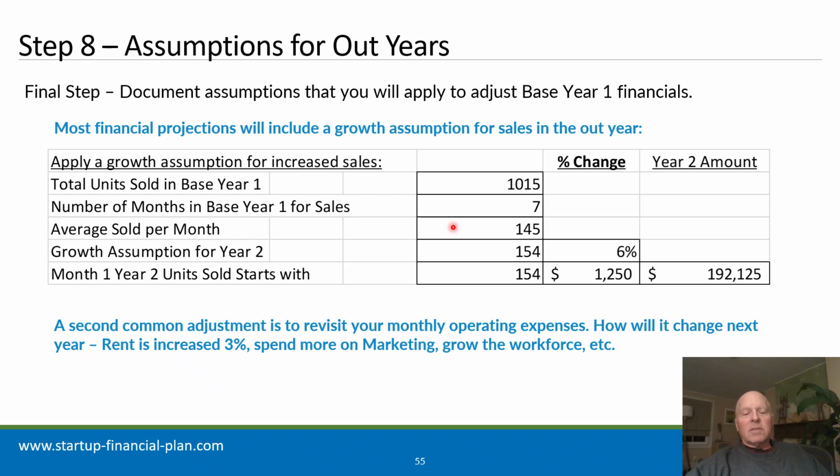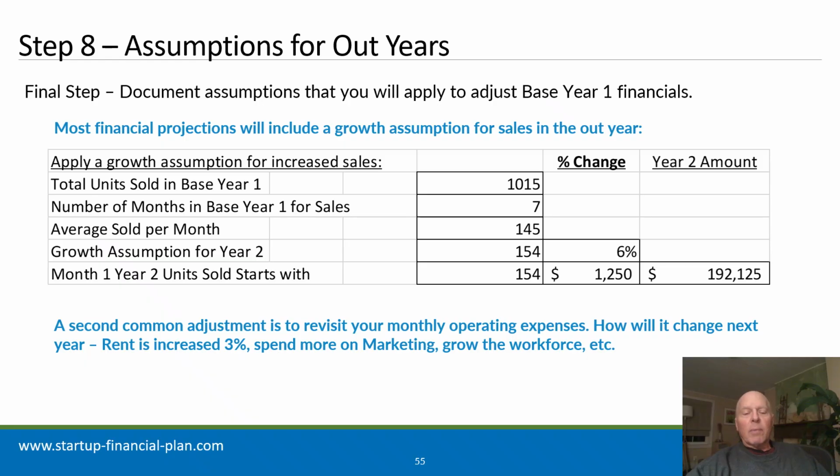Well, maybe let's just say I take an average of what I sold last year in base year 1, and the average monthly sales, I sold a total of 1,015 units. It covered 7 months. The average unit sold was 145,000. I think we can increase the sales revenue from base year 1 to year 2 by 6%. So maybe that's an assumption you say for growing it.